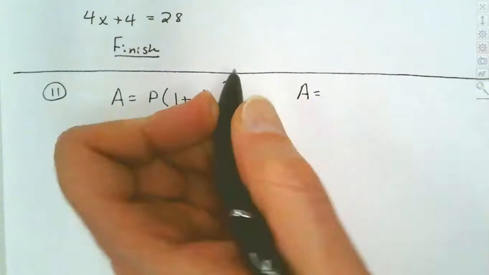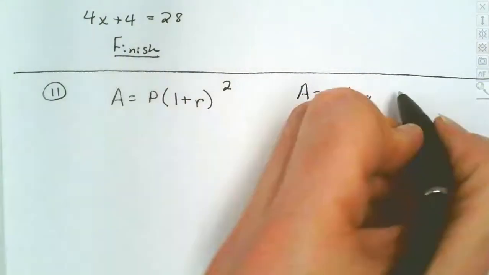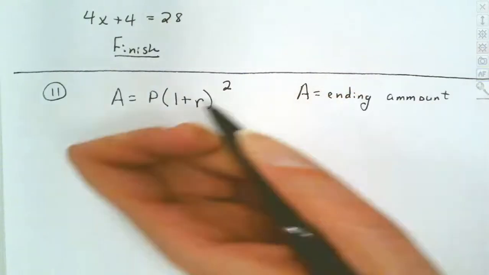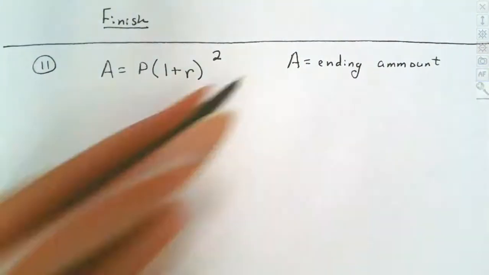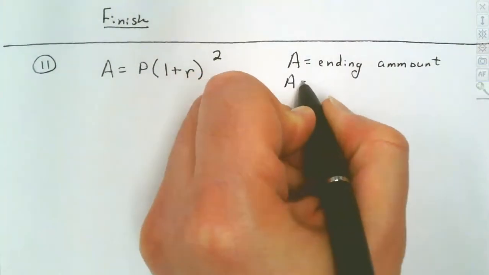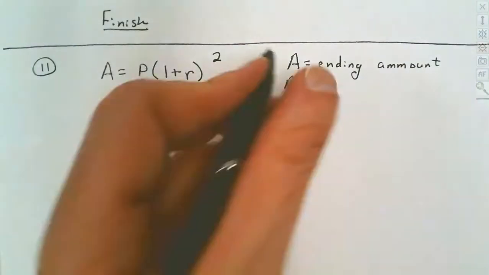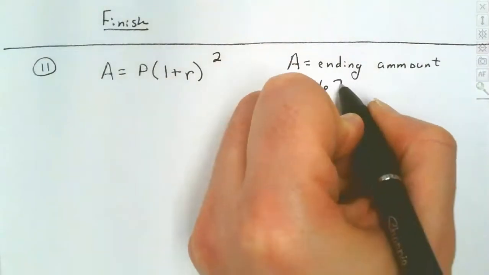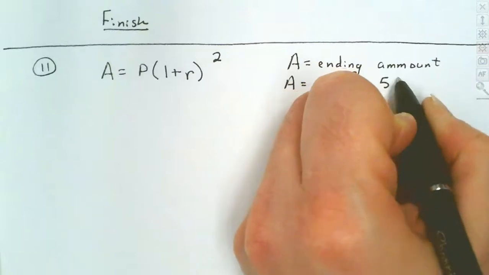A is going to be our ending amount. And what would our A now be? So let's read the question. How much money do we end up with? Well, after it's compounded for 2 years, we ended up with $6,776.55.